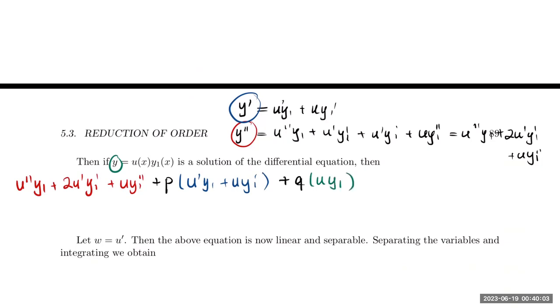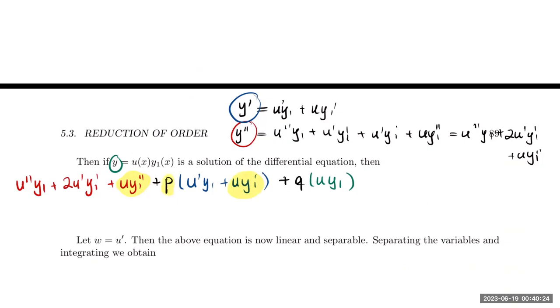Now here's the thing. We could actually common factor out a couple of terms here. Well, let's see why. We have a term uy1 double prime. We also have uy1 prime and this p out here.